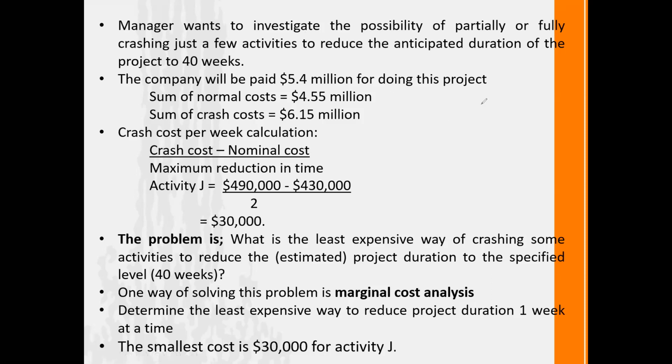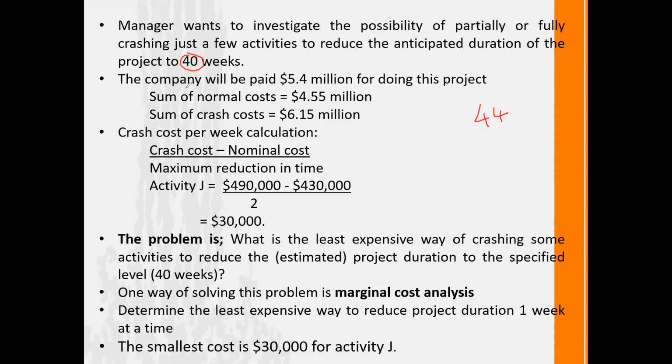Earlier we calculated our longest path as 44 weeks, but now we need to complete within 40 weeks. Now we are getting an issue. First, we need to find out which activities we can expedite with minimum cost.